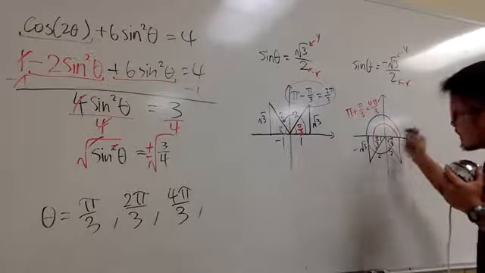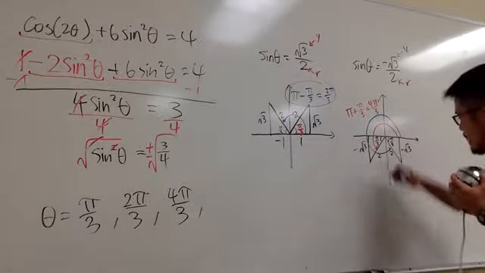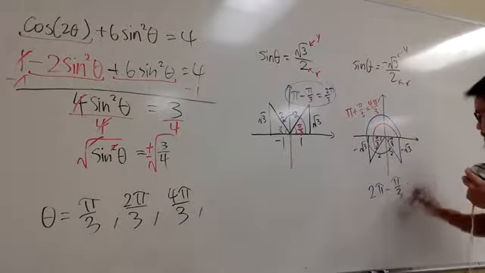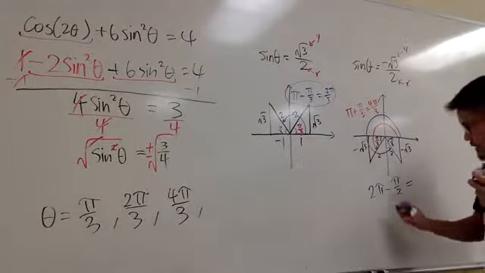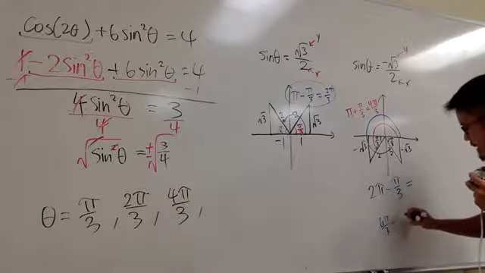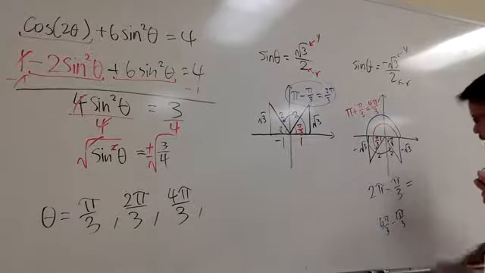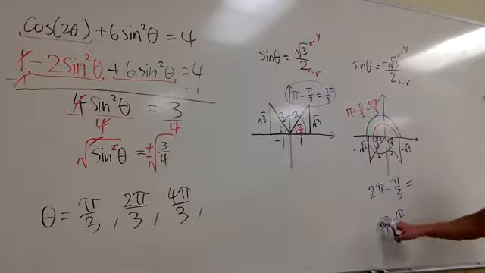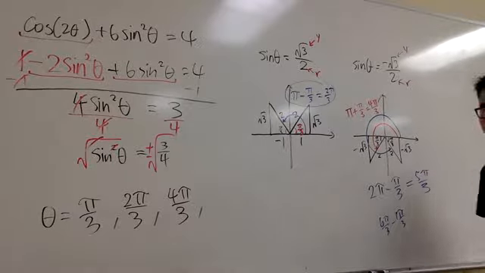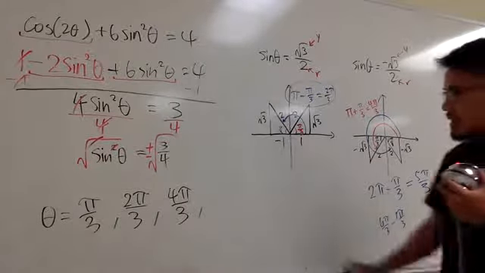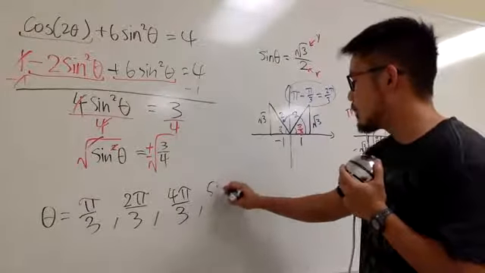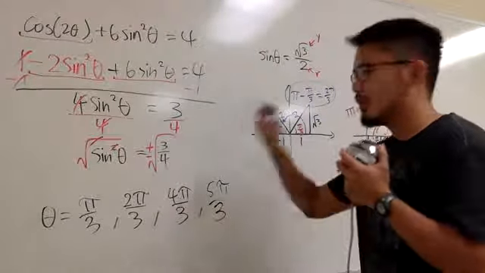The whole circle, the whole revolution is 2 pi. 2 pi minus pi over 3. Okay, so this right here, 2 pi is the same as 6 pi over 3 minus 1 pi over 3, right? So if you do the calculations right here, 6 minus 1, that's 5 pi over the same denominator, 3. And then we are done. Pi over 3, 2 pi over 3, 4 pi over 3, and then the last one that we have is 5 pi over 3.